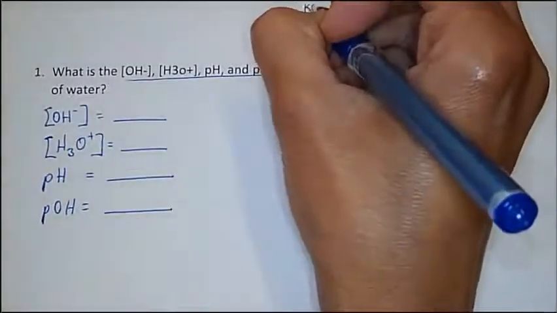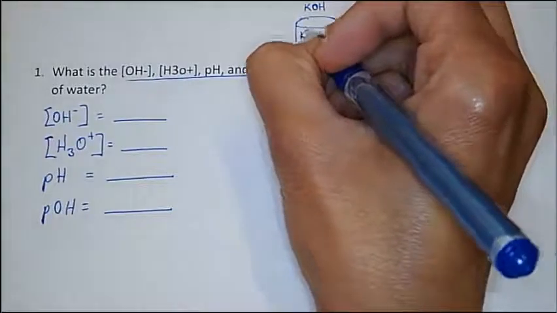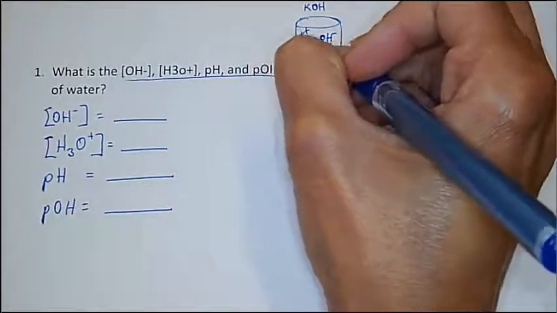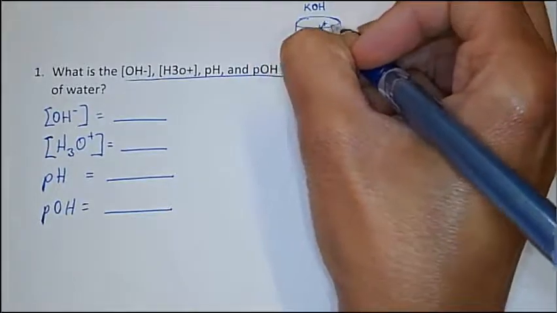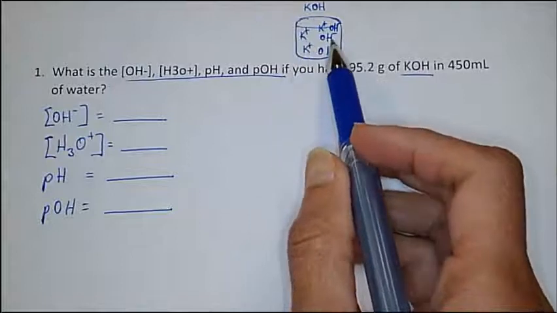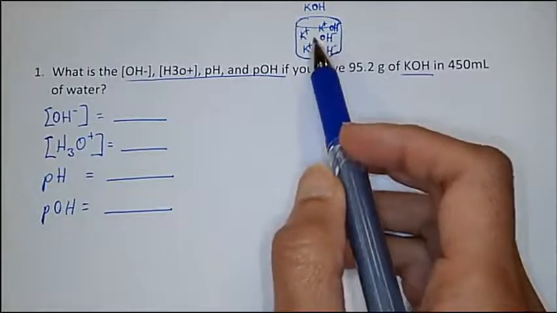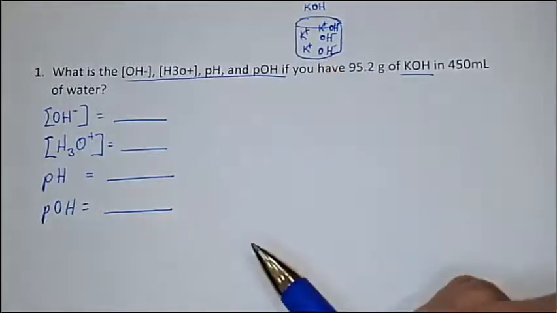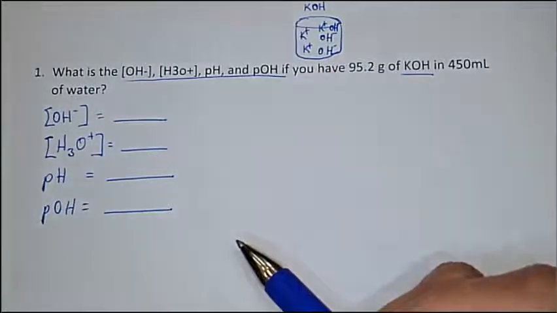So this potassium hydroxide will dissociate 100%, or at least we're going to assume that it dissociates 100%. That means that the potassium and the hydroxide in this solution will separate from one another, or dissociate from one another.